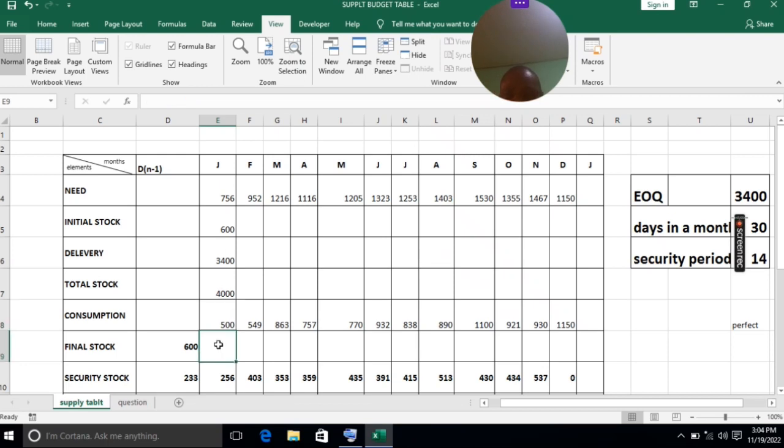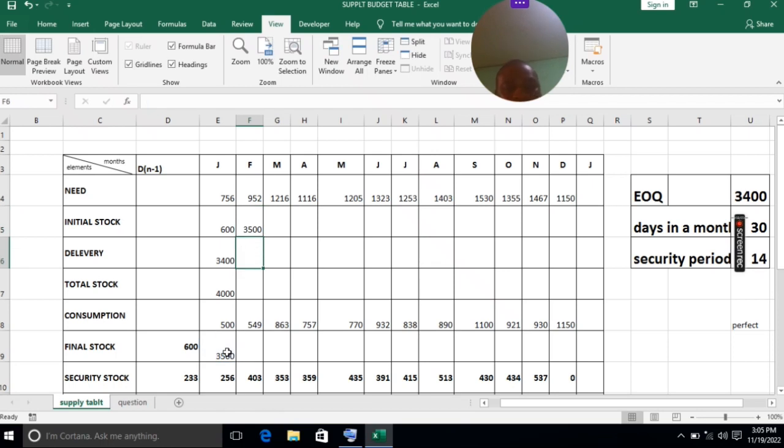Now our closing stock is equal to total stock minus consumption. So our closing stock is 3,500, and the closing stock in January will still be the opening stock in February.